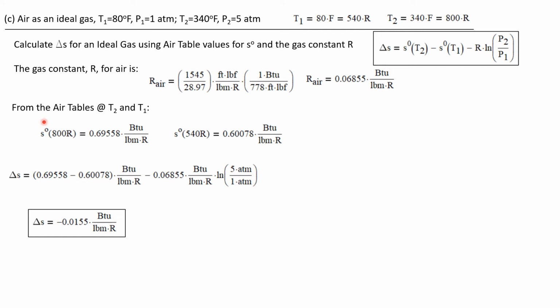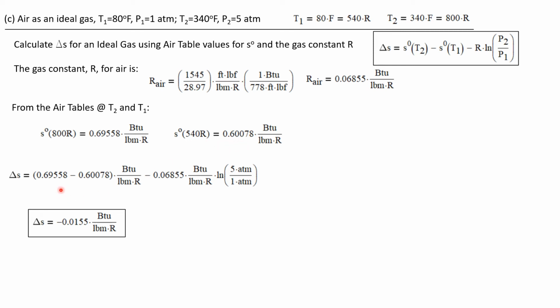So now let's go to the air tables. We'll look up two values in the air tables, one at T2 and one at T1. The value of S naught at 800 degrees R from the table is 0.69558, and the value of S naught at 540 degrees R in the table is 0.60078.